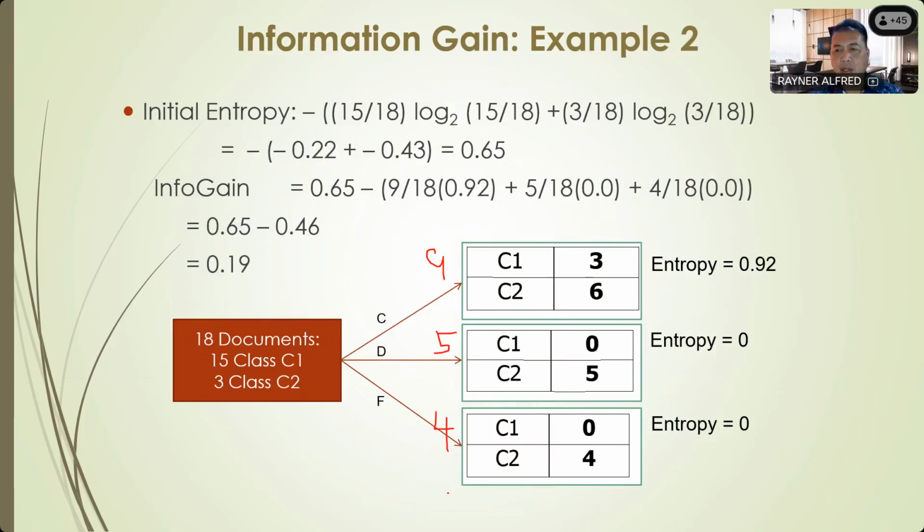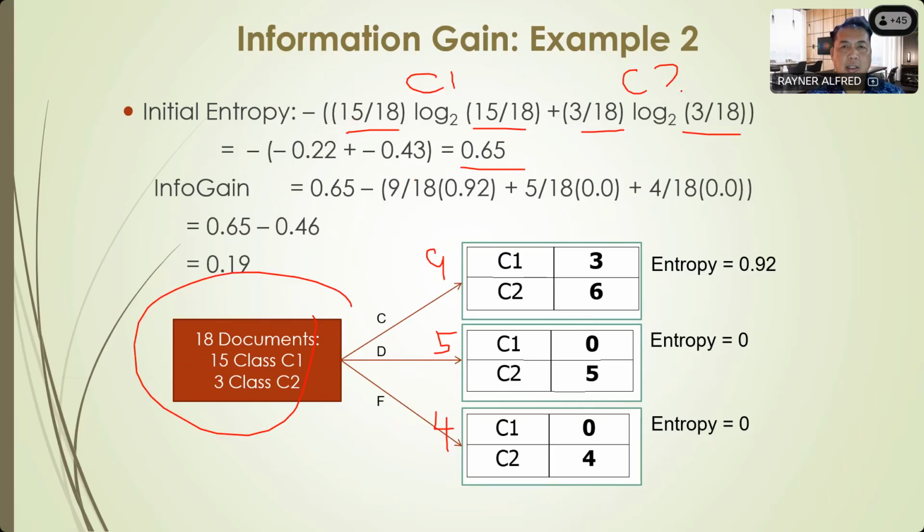So we have the first group, we have 0.92. Okay, and the second group we have 0.0. So before we do splitting, we have the 15 for the C1, and also we have the 3 for the C2.